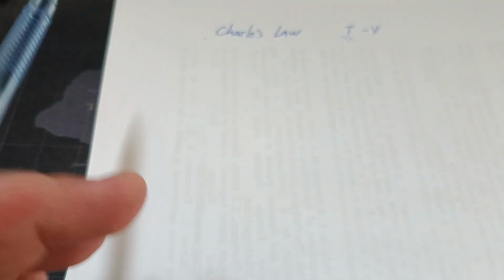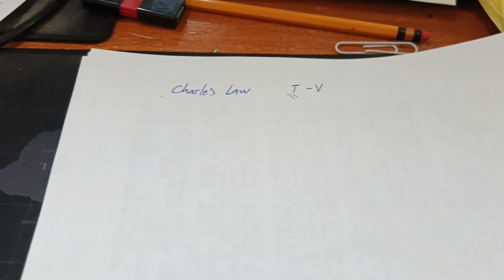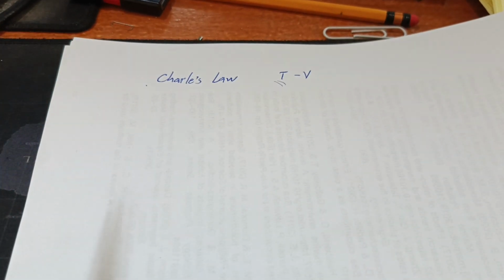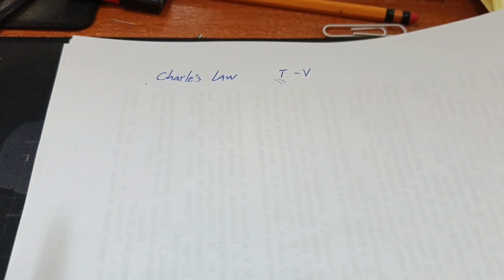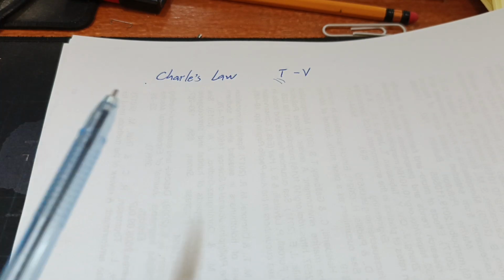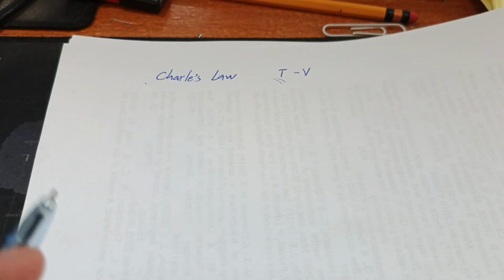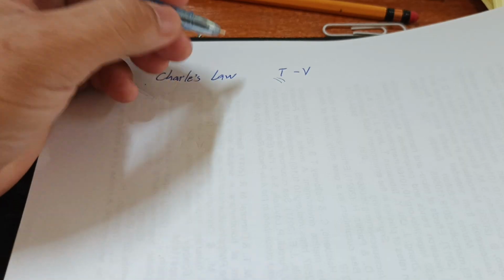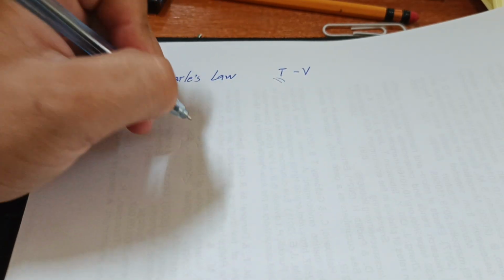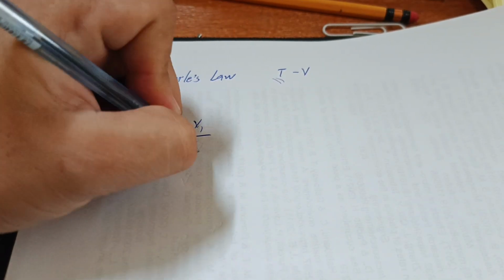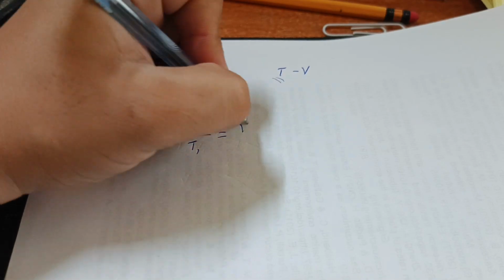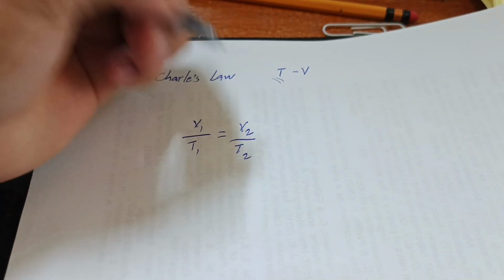Again, Charles' law states that at constant pressure, the volume of a fixed amount of gas is directly proportional to its absolute temperature. Mathematically, the equation is V sub 1 over T sub 1 equals V sub 2 over T sub 2.